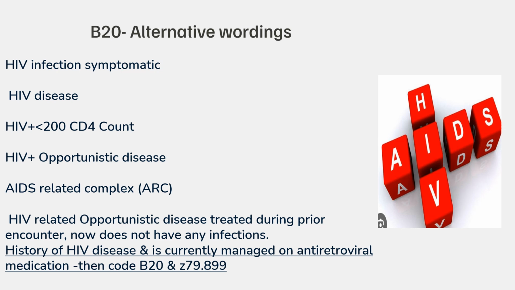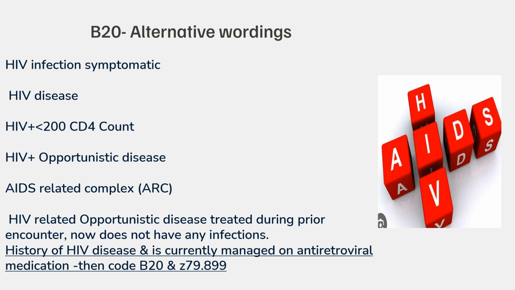Many a time alternative wordings are used, in order to test you during the CPC exam. Those are HIV infection symptomatic, HIV disease, HIV CD4 count below 200, HIV opportunistic infection, and AIDS related complex, or HIV related opportunistic disease treated during the prior encounter, now does not have any infection.